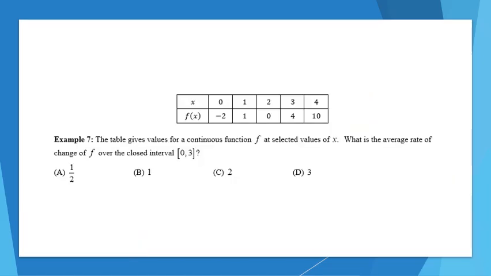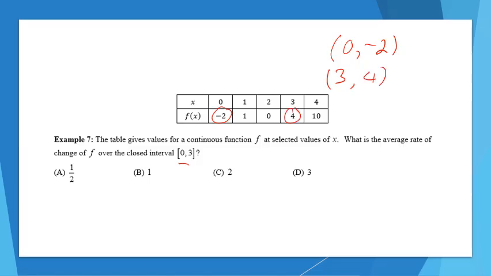All right, 7. You may be asked to find the average rate of change using a table. And so here, we want to find the average rate of change from the interval from 0 to 3. So remember, take our 2 points when x is 0 and x is 3. At 0, our y-coordinate is going to be negative 2. So that's our first point. And then at 3, it should be 4.